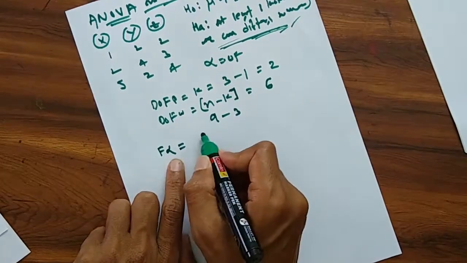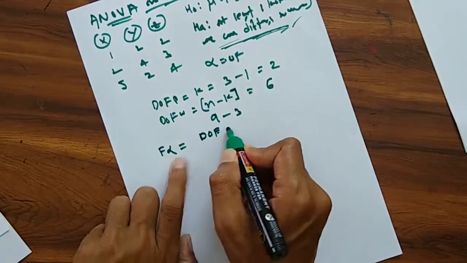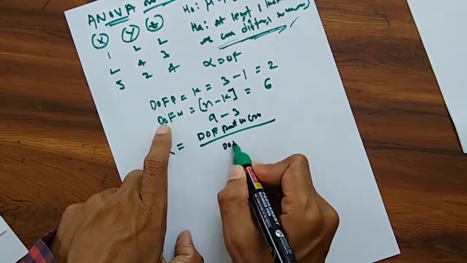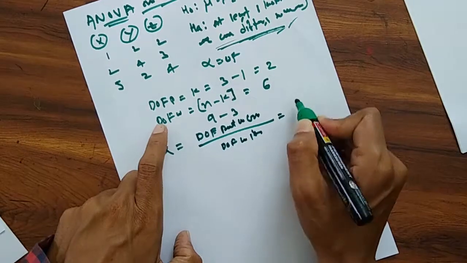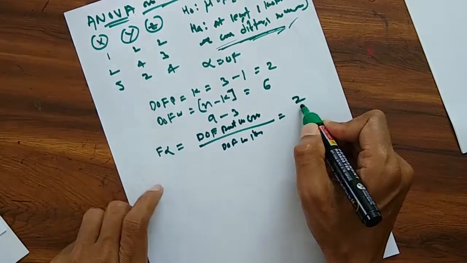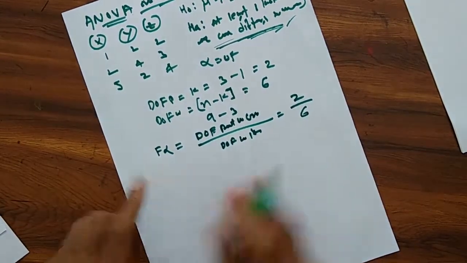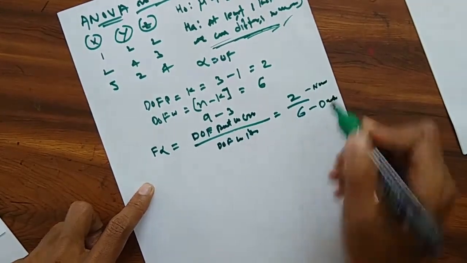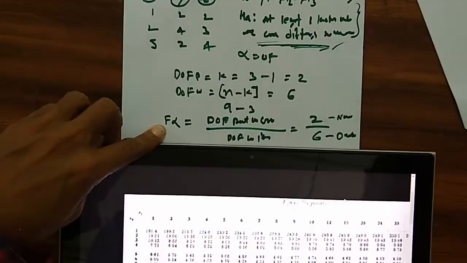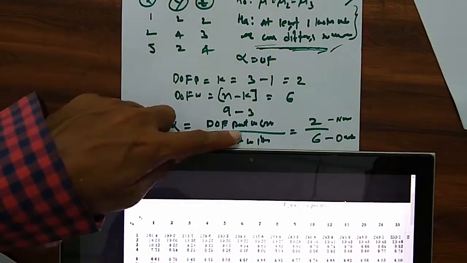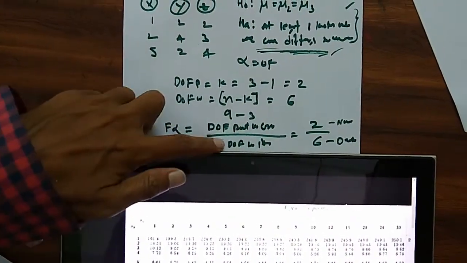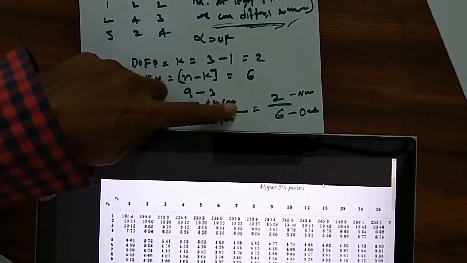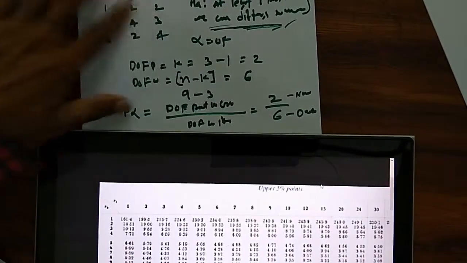It is the degree of freedom between groups and the degree of freedom within groups, that is 2 by 6. So in the numerator we have 2 and in the denominator 6.